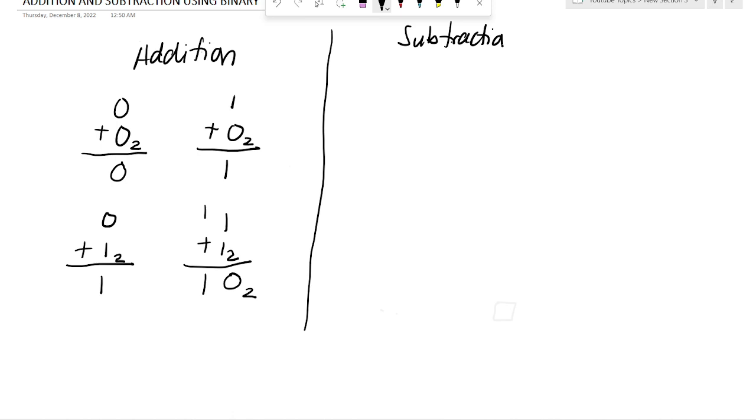The rules of subtraction. So we have 0 minus 0. That's going to give us 0. We have 1 minus 0. That's going to be 1. Still respecting the rules of binary. We're going to have 0 minus 1, and 1 from 0.